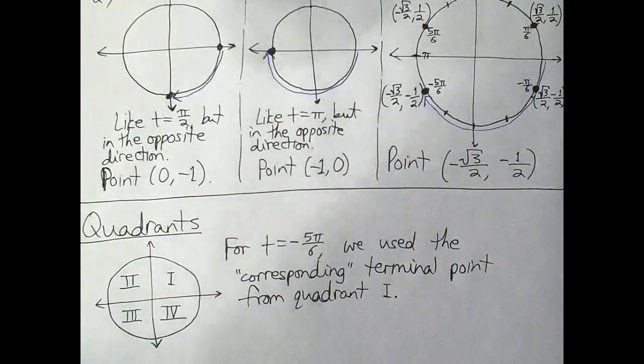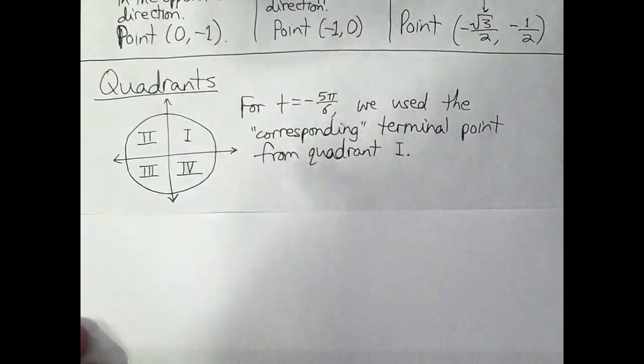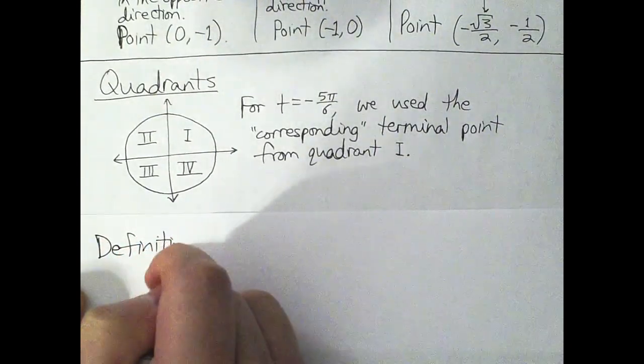Let's make this a little bit more formal, because what we just did seemed like we had to piece it together and use some reasoning, but there is a method behind this. So, definition.